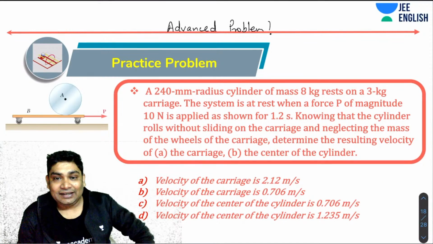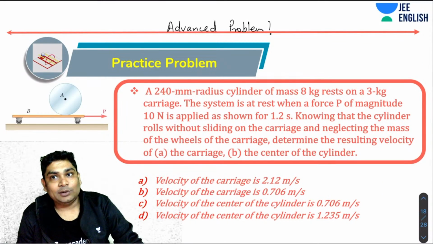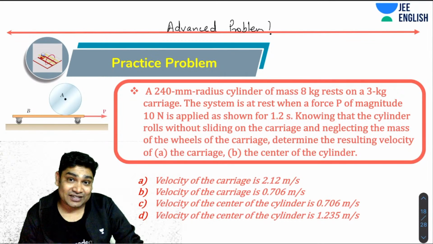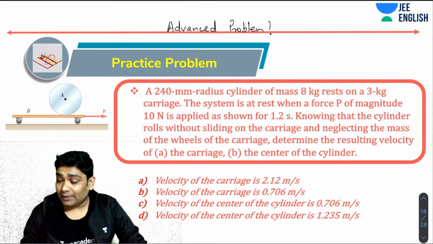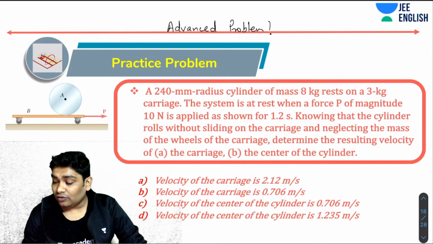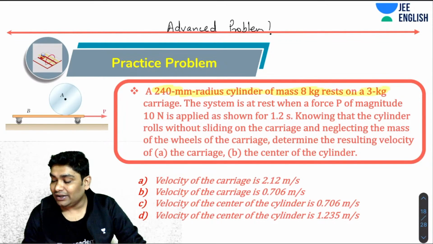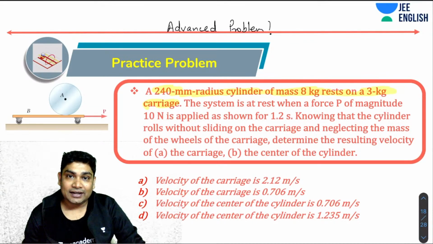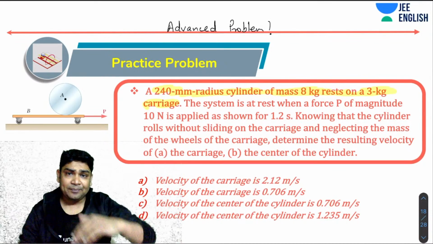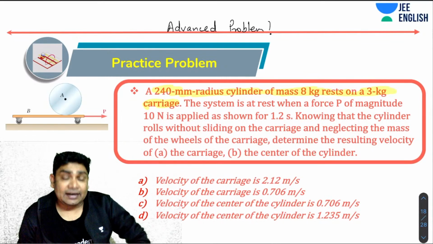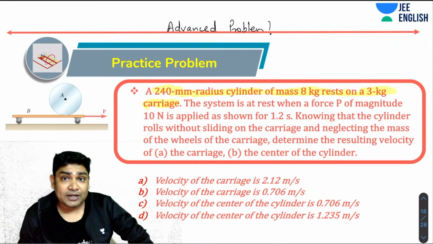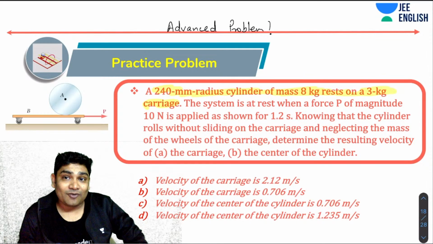So Shivam, here is a question. You've been told that a 240 radius cylinder of mass 8 kg rests on a 3 kg carriage. The cylinder is placed on the carriage like this, and you've been told the system is at rest. Now a force P of magnitude 10 Newton is applied as shown for 1.2 seconds.